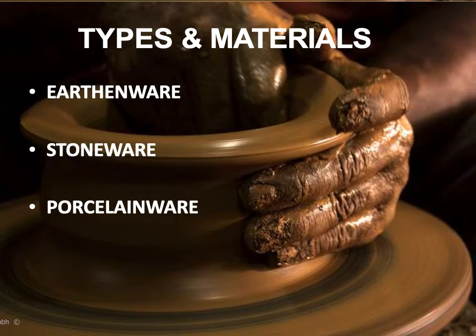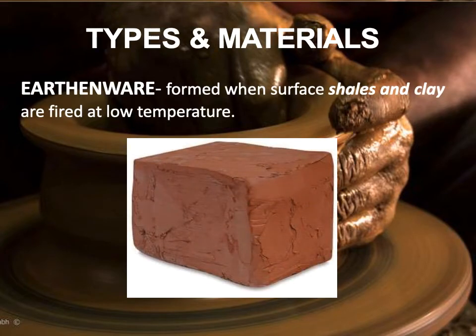Types and materials: earthenware, stoneware, and porcelainware. Earthenware objects are formed when surface shales and clay are fired at low temperature.